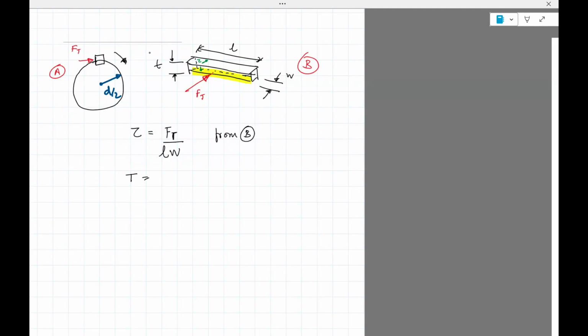This is subjected to a torque. The torque is Ft times the radius, so d divided by 2. So this comes from A.